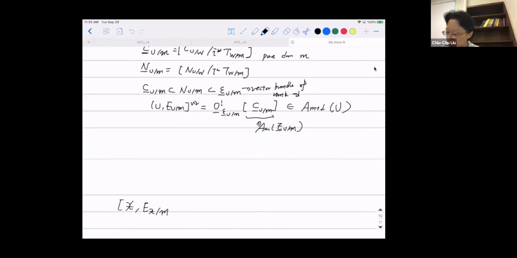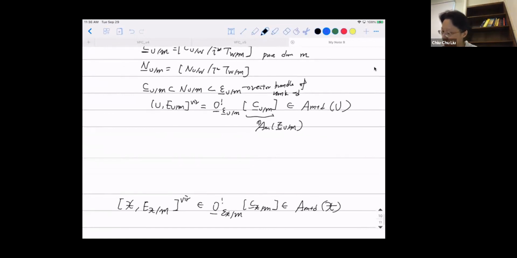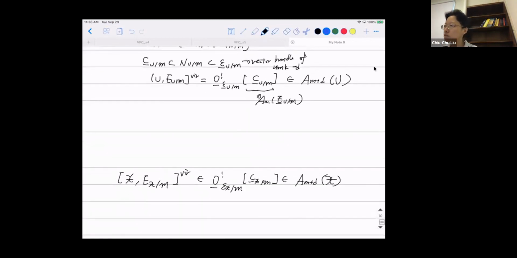So using the relative perfect obstruction theory, this construction gives a virtual fundamental class of this dimension, of this degree.